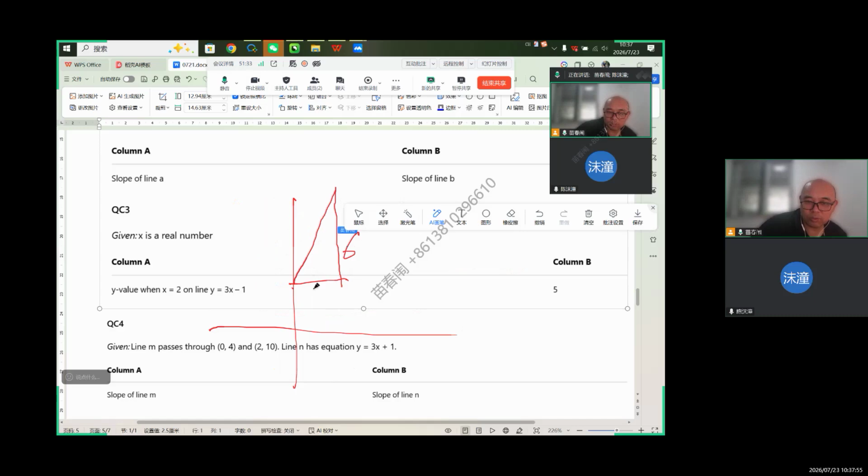That's a 2, right? So what's my rise over run? This is rise. This is run. Isn't that 6 over 2? That's 3, right? So M is 3, right?